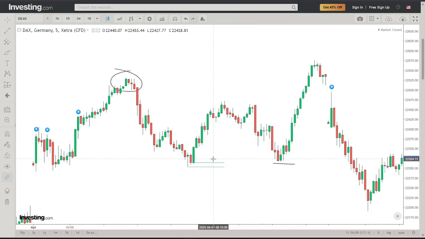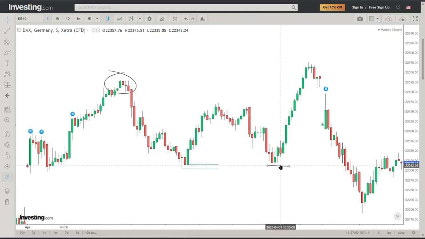But it should reach one of these two levels. And as you see, for example, here we got some retrace for whatever reason, and price came back down, and so we almost reached this level here.